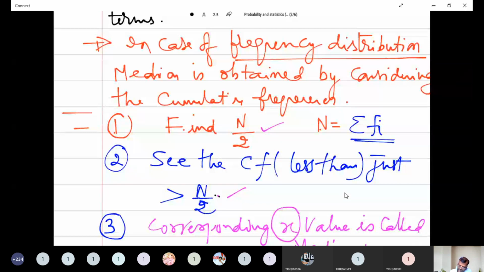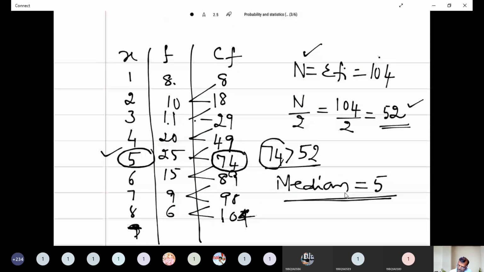Here, just greater than this value is 74. Therefore, the corresponding x value is the median of the given frequency distribution. Is it clear? Are you understanding? Note down this, all of you.